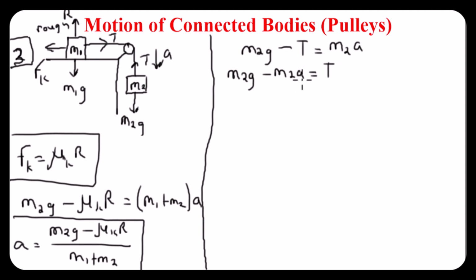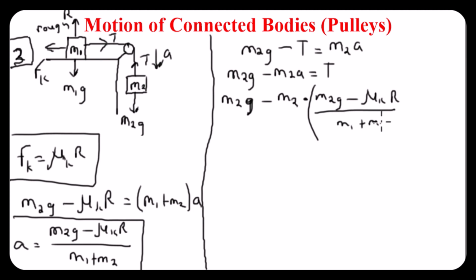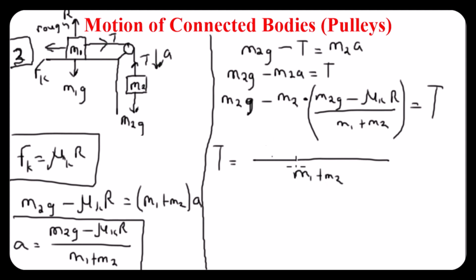Since we have an expression for the acceleration already, we can substitute that into this formula by having M2 times M2G minus mu K of R over M1 plus M2, and close the bracket. Now, simplifying this, the tension will be equal to the LCM of these two, which would be M1 plus M2, and this multiplied by this would have M2G in the bracket of M1 plus M2. Simplifying the expression, we will have minus M2, open bracket, M2G minus mu K of R.